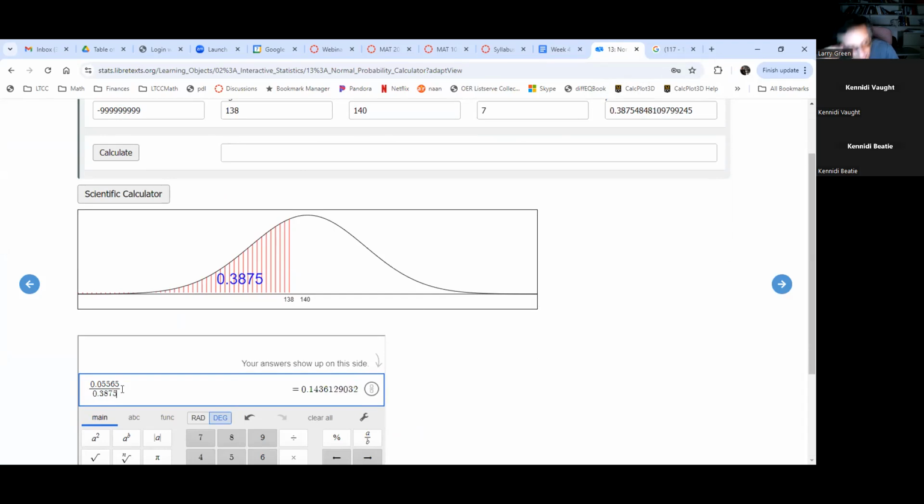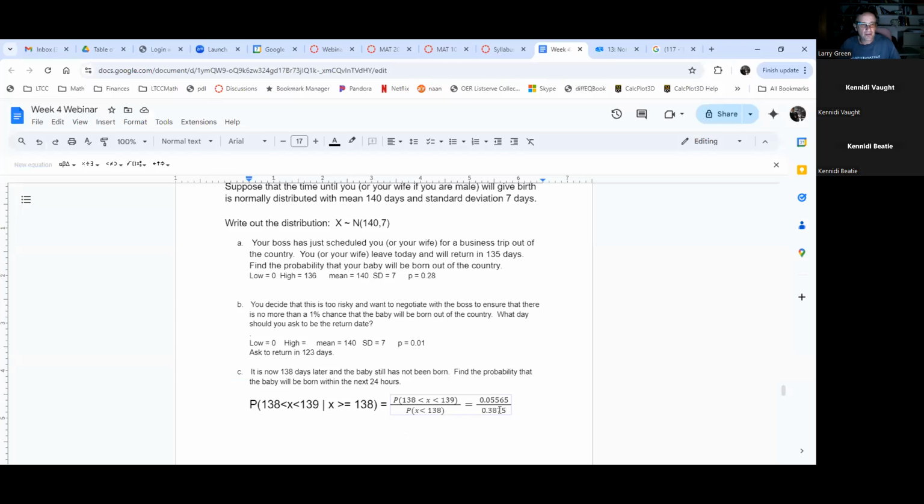And I get about 0.14. 14% chance. Any questions on this?